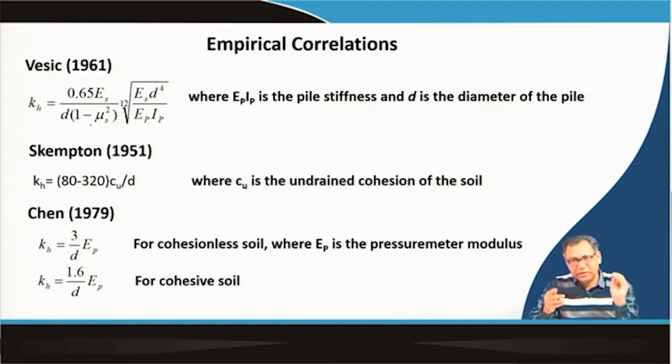So, that pressuremeter modulus can be used to determine the kh of the soil. That means, we can do the pressuremeter test, and based on that pressuremeter modulus value we can determine the kh by using these two correlations. One is for cohesionless soil, another is for cohesive soil.